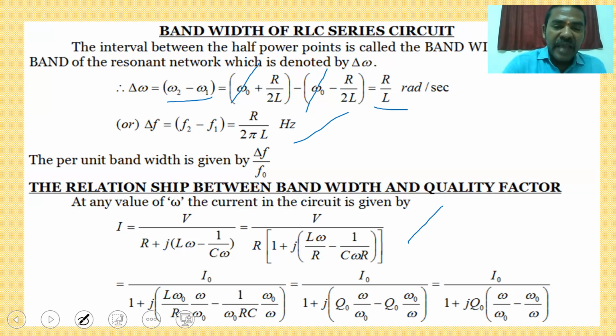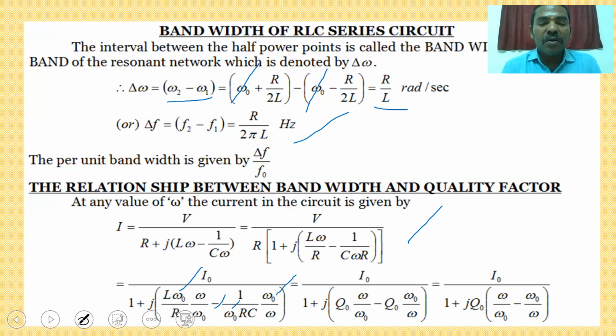Now for L omega by R, I am multiplying and dividing by omega naught. Similarly for 1 by C omega R, I am multiplying and dividing by omega naught.